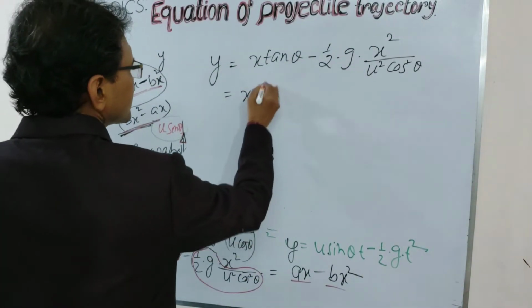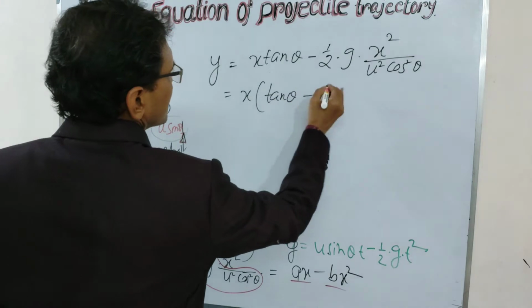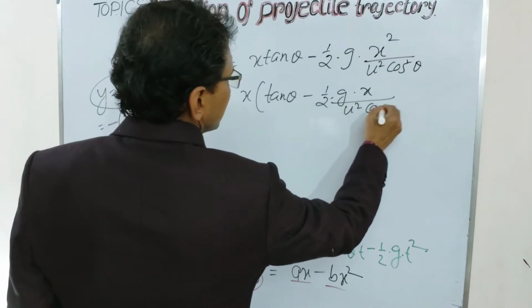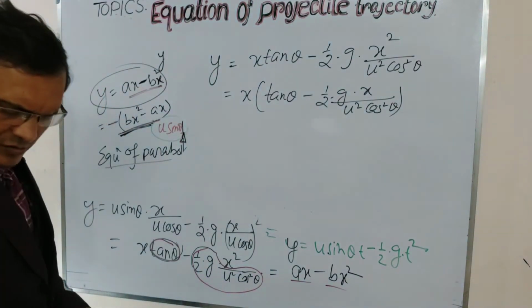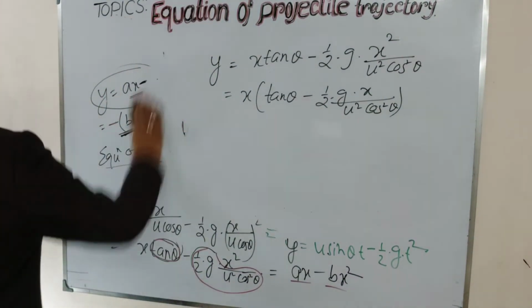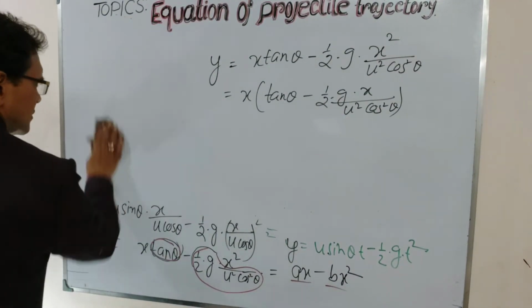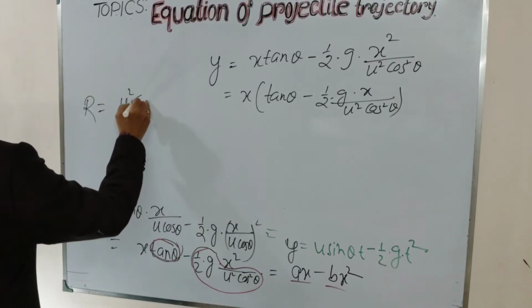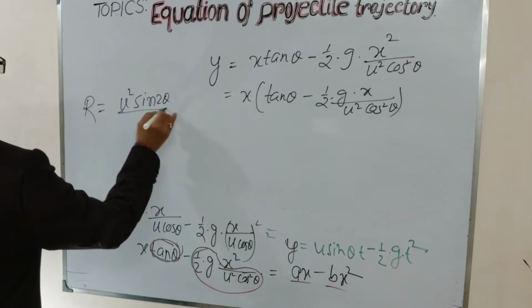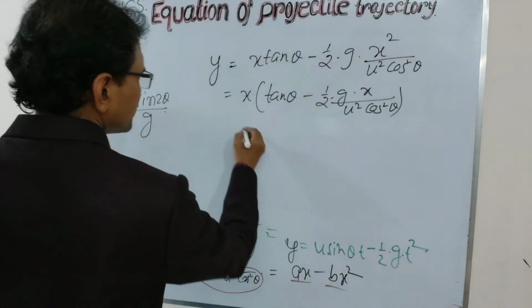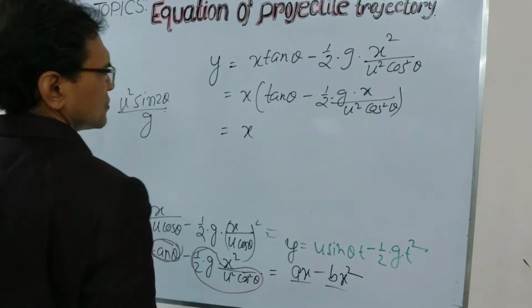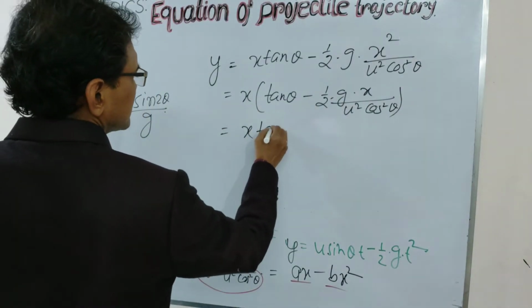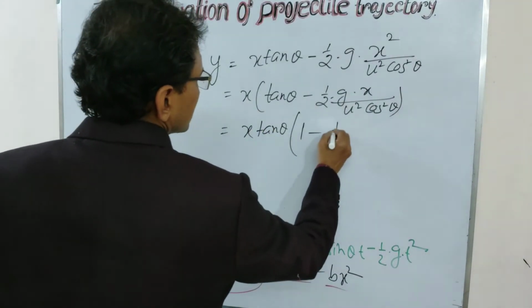Now take x common. What is R? R equals u square sin 2 theta by g. Now take tan theta common from this.